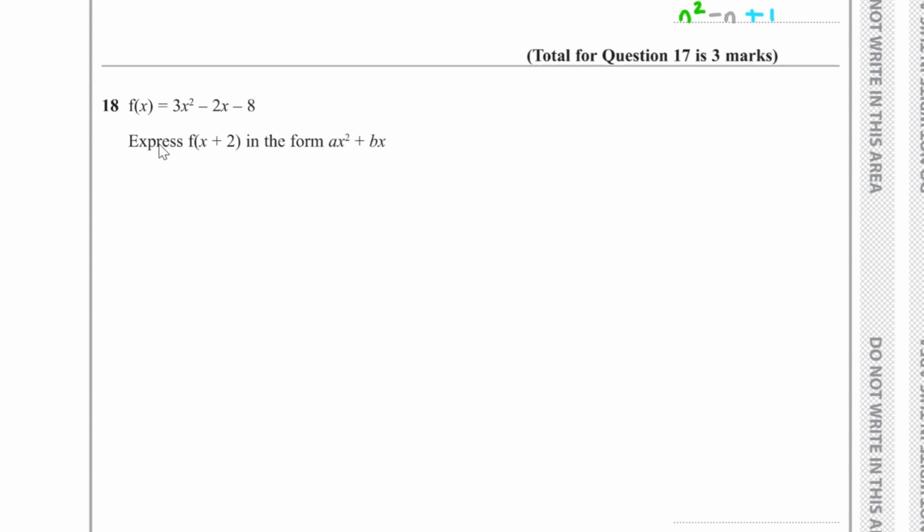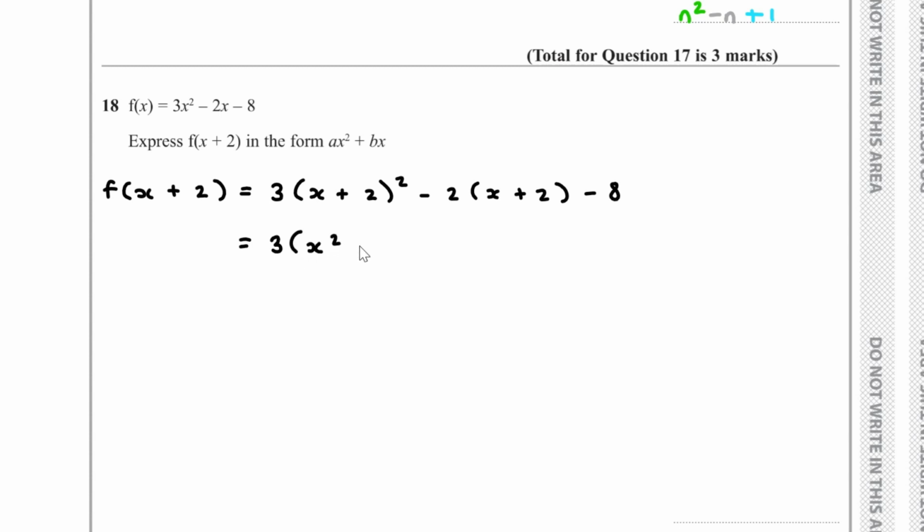Question 18, f of x is equal to 3x squared minus 2x minus 8, and we have to find f of x plus 2 in the form ax squared plus bx. So, f of x plus 2 is equal to 3 lots of (x plus 2) all squared minus 2 lots of (x plus 2) minus 8. So now we need to tidy all this up. So we've got 3 lots of x squared plus 4x plus 4 minus 2 lots of x plus 2 minus 8.